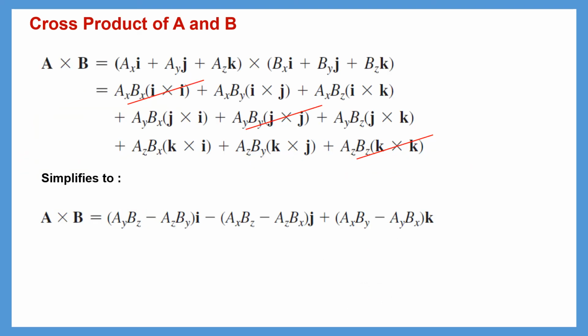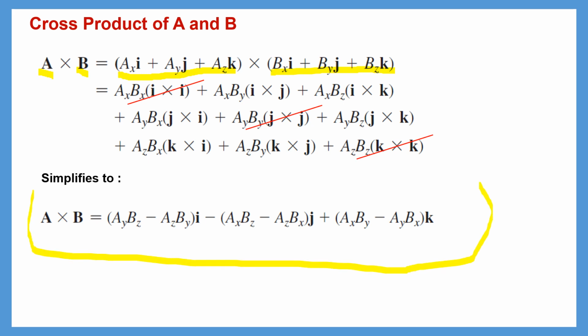Okay, let's say we have vector A and vector B and they are given in Cartesian vector notations and we want to calculate their cross product. So apply distributive law and this cross product will be simplified to this one.